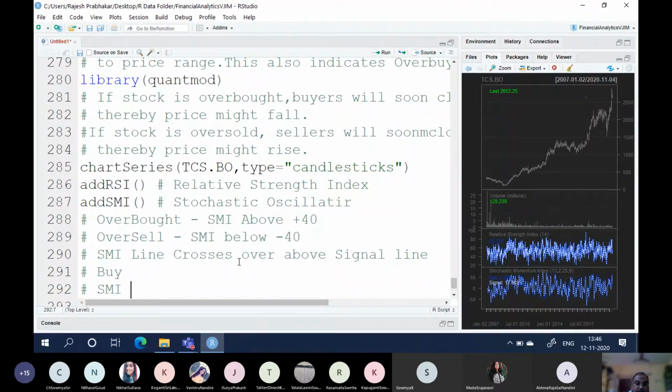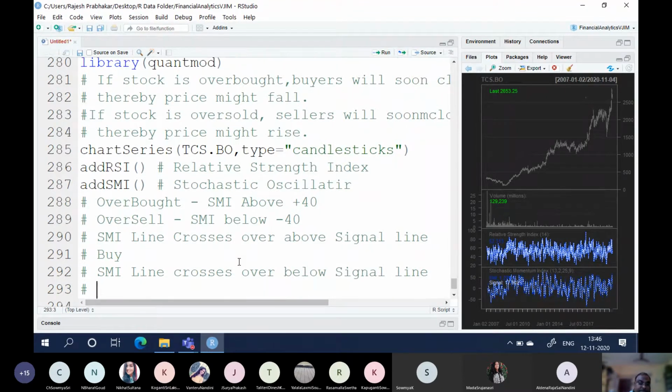Similarly, when the SMI line crosses over below the signal line, sell. So you can also buy and sell based on the position of the signal line and the SMI line, the two lines. Signal line is the white dotted one, dark blue is your SMI line.